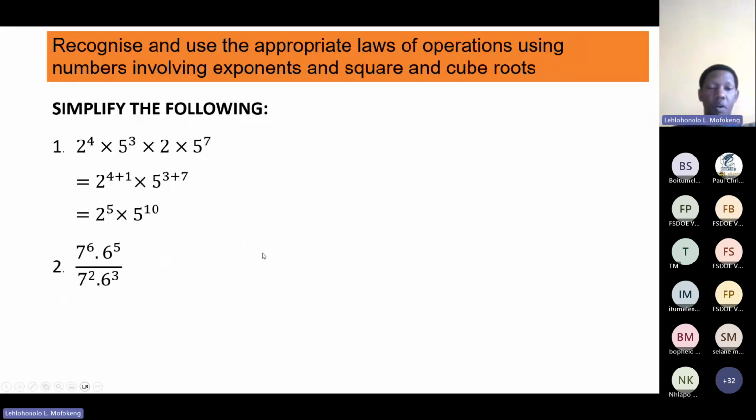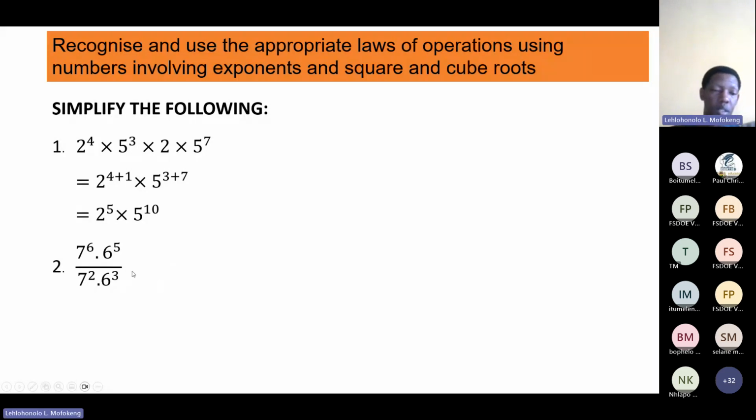Right. Moving forward, here we are multiplying exponents, but with different bases. There is nothing we can do on the numerator. Again, on the denominator, we have different bases. There's nothing we can do.